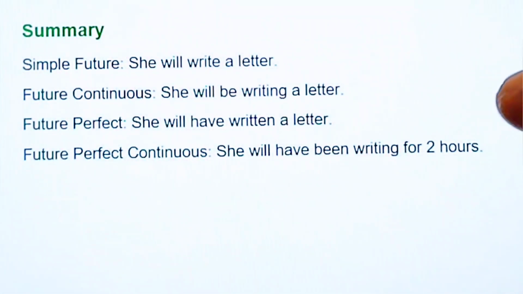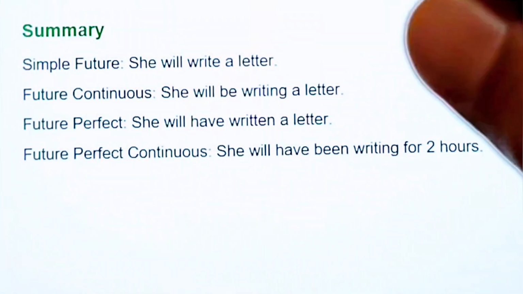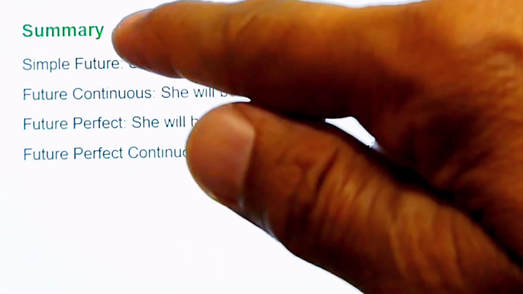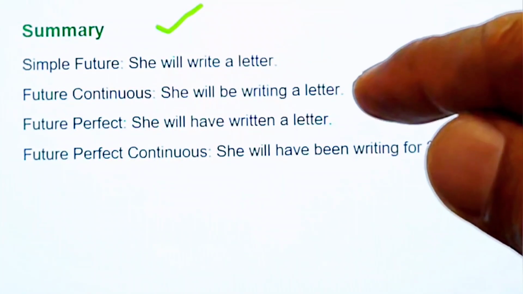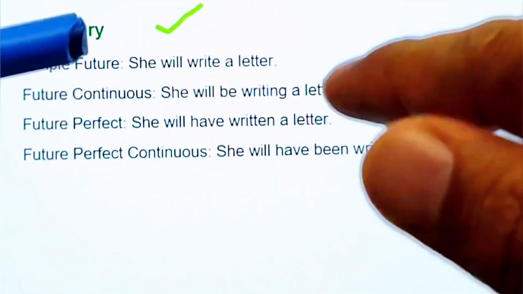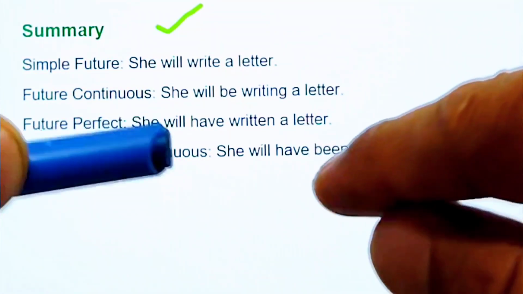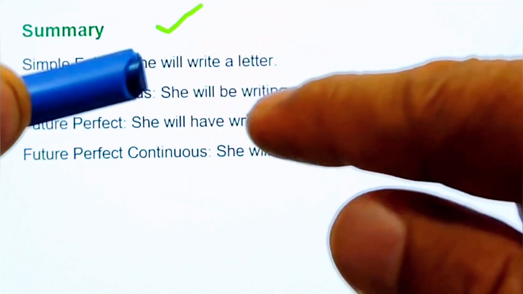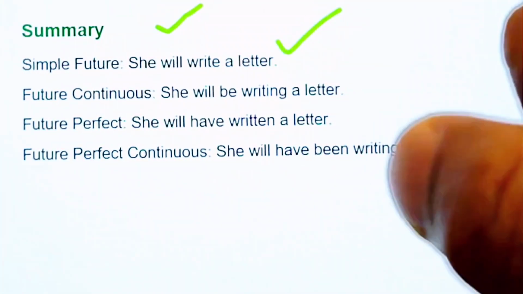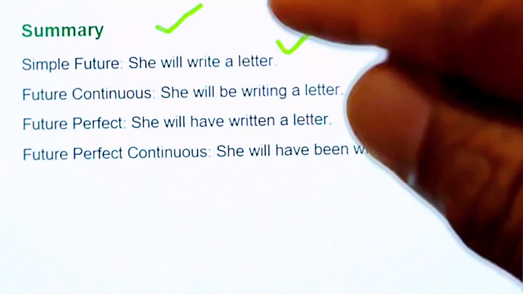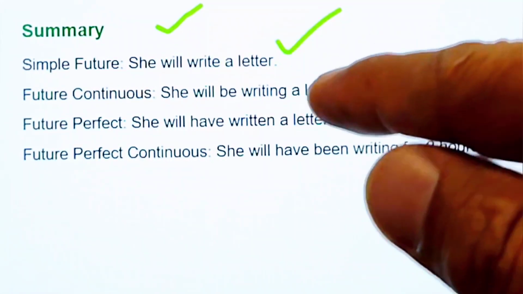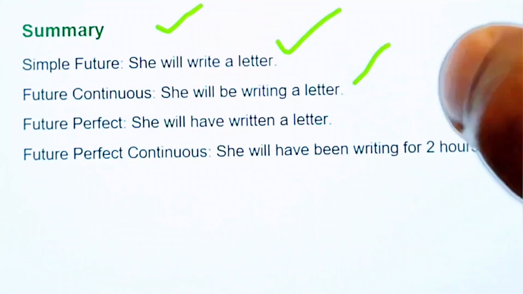Let's go for a quick summary of all these four future tenses. We have a quick summary here. We take one by one. First is simple future. Simple future, for example: she will write a letter. Very simple sentence. And for future continuous, the example here: she will be writing a letter.